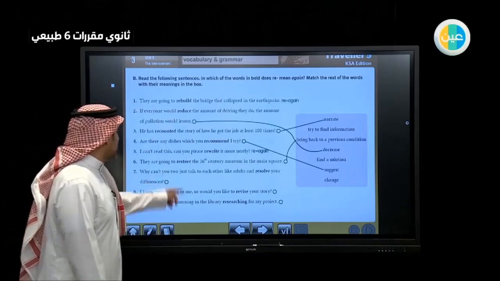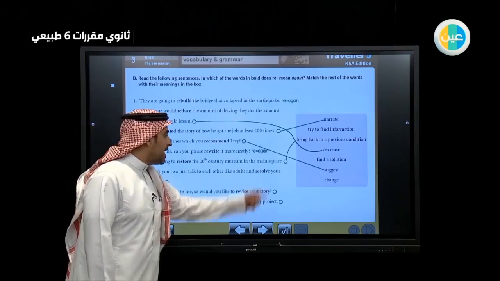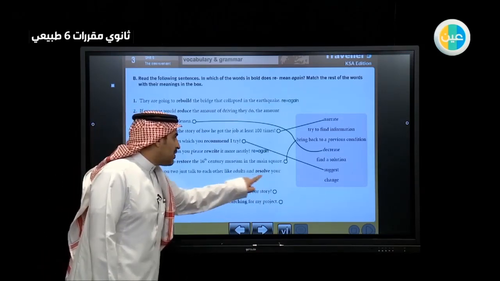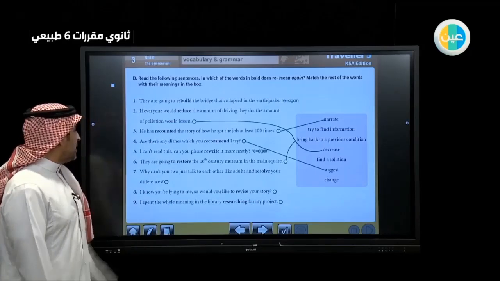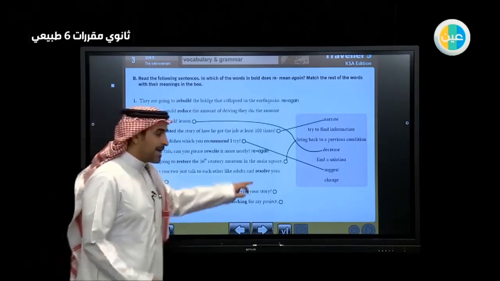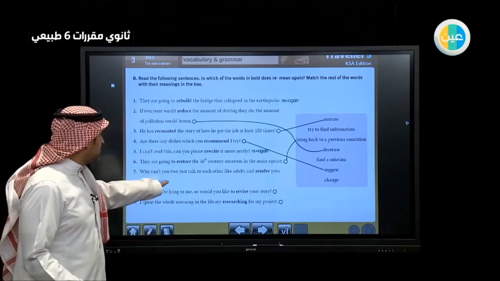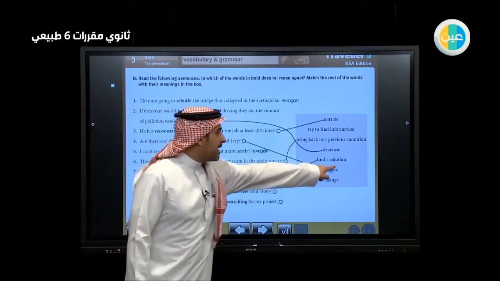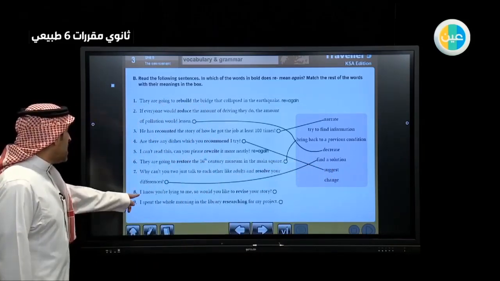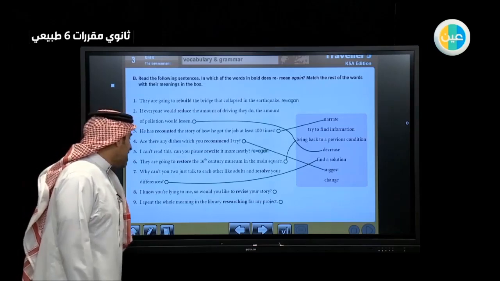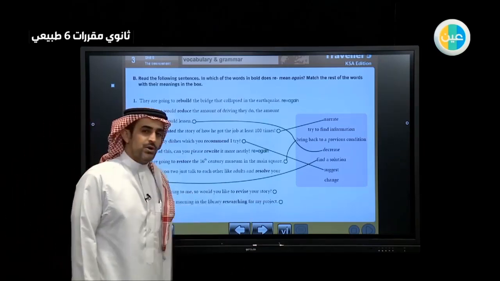Why can't you just talk to each other like adults and resolve? Resolve: what's the meaning of resolve? Is it again, or to find an answer for the problem? It's to find a solution. I know you are lying to me, so would you like to revise your story?